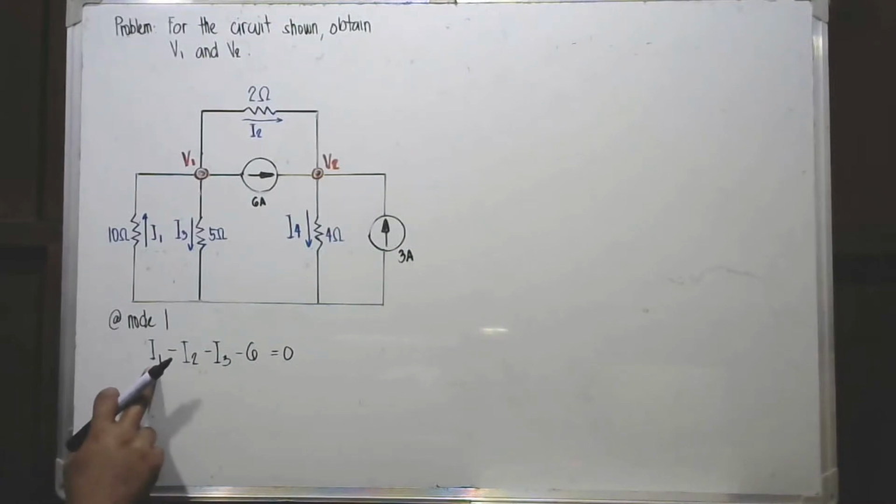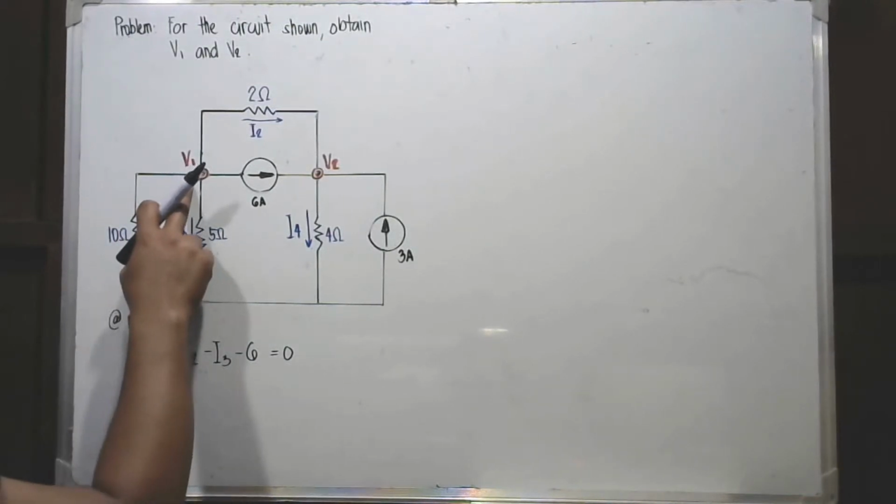So for your I1, you have your tail's voltage minus the head's voltage.